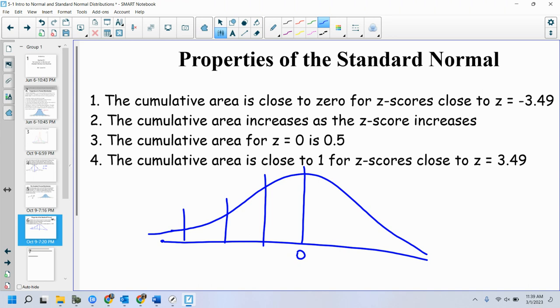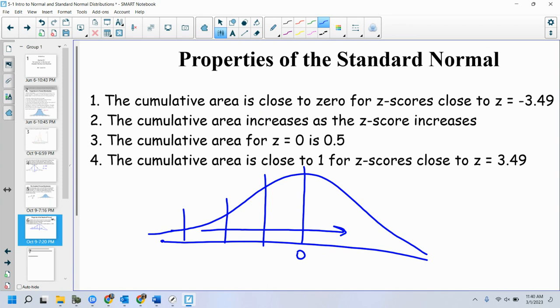The cumulative area increases as the z-score increases. As I go to the right, the cumulative area is going to increase. The cumulative area for z equals 0 is half of the data, right? If you plop it right in the mean, z-score of 0, then it's 0.5.